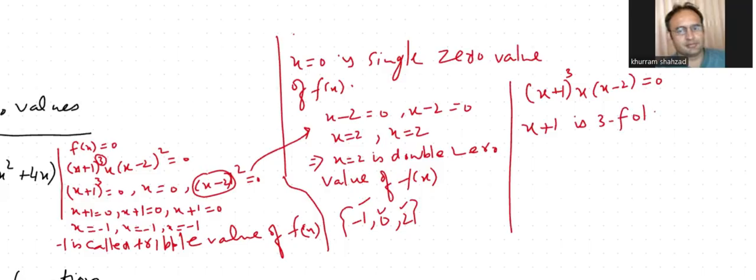And if anything is repeated twice, like this x minus 2, this is called a twofold value. Anything which is repeated once is a one-fold value. Hopefully you have understood these things.